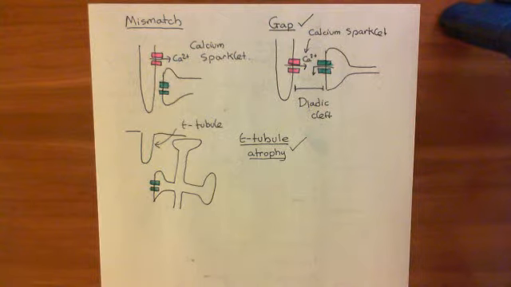Every time you stimulate a cardiomyocyte to contract, every time you activate an action potential along its membrane, this triggers a calcium signal which is global within the cytoplasm of the cardiomyocyte, i.e. calcium goes up everywhere.